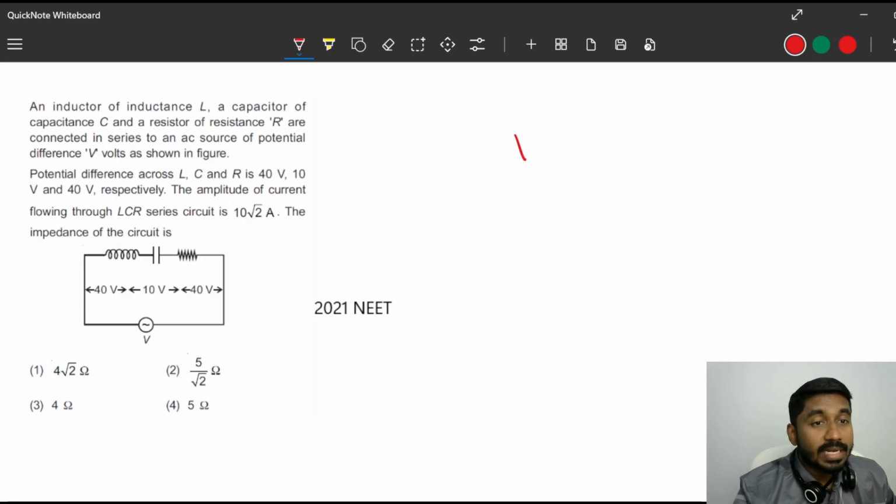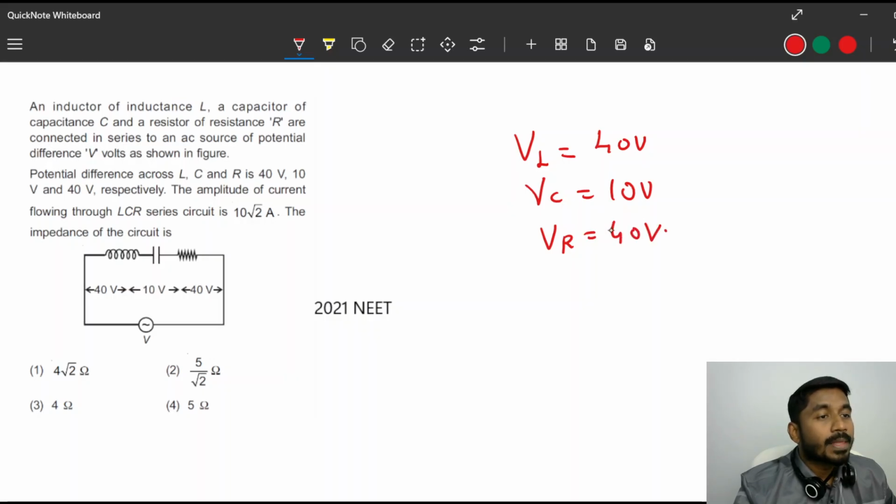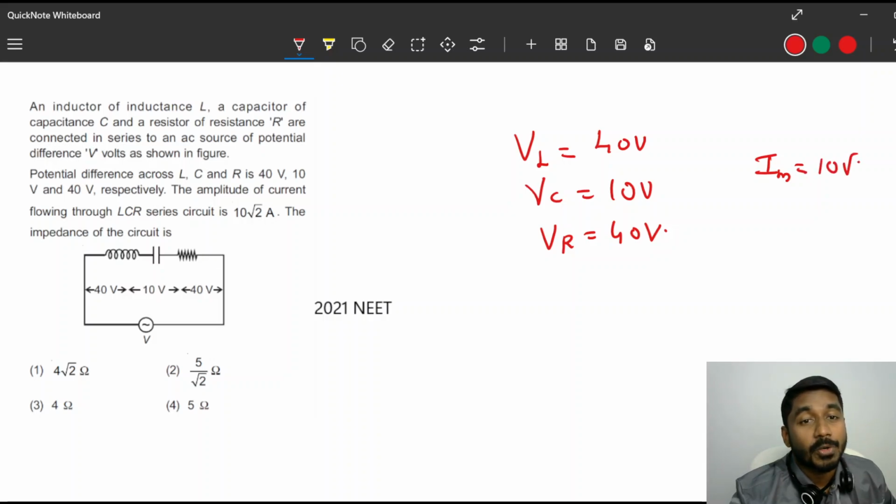The potential difference across L, I am writing it as VL, is 40 volt, VC is 10 volt, and VR is 40 volt. Now, the amplitude of the current flowing, maximum current IM, is 10 root 2.